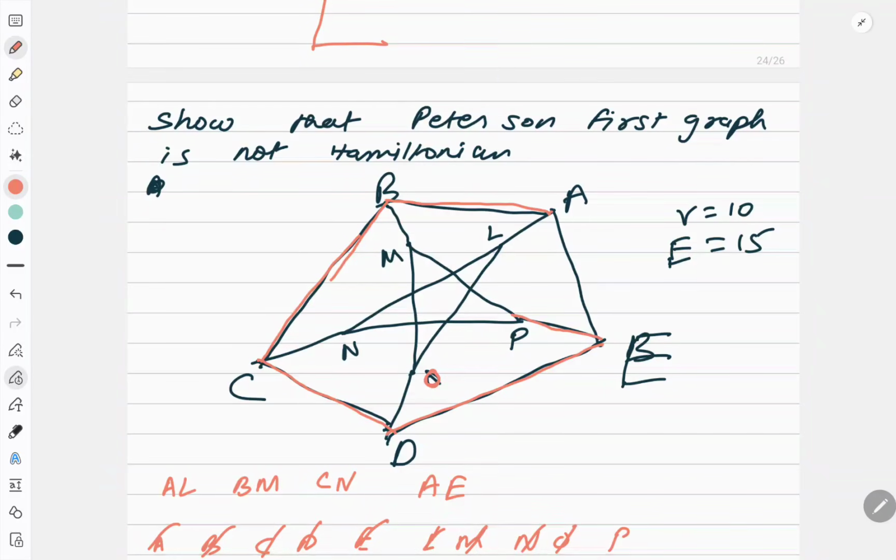So I have already removed AL, BM, CN, and here I forgot to write this DO. I cut it here but forgot to write it. Then from D to E I went, E to P I went, so AE I have deleted. So how many have I deleted? Just have a trace: 1, 2, 3, 4, 5 I have deleted. So the number of vertices and edges are now equal, but I still reach only P.